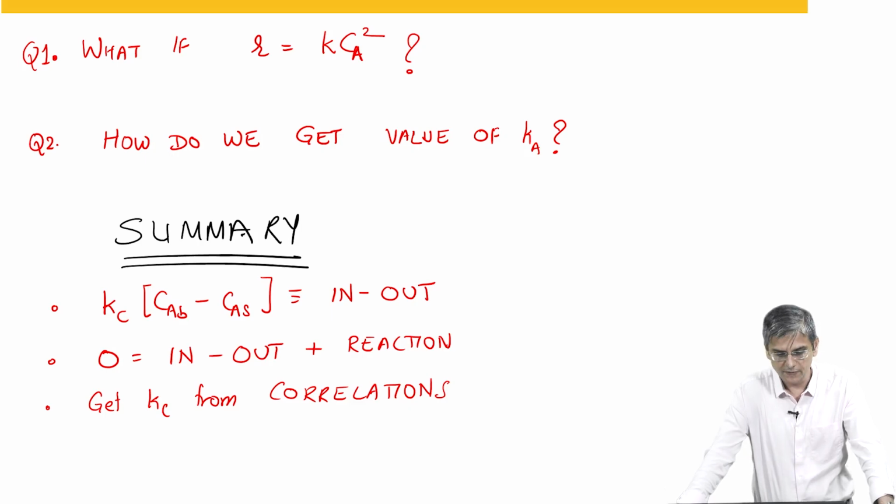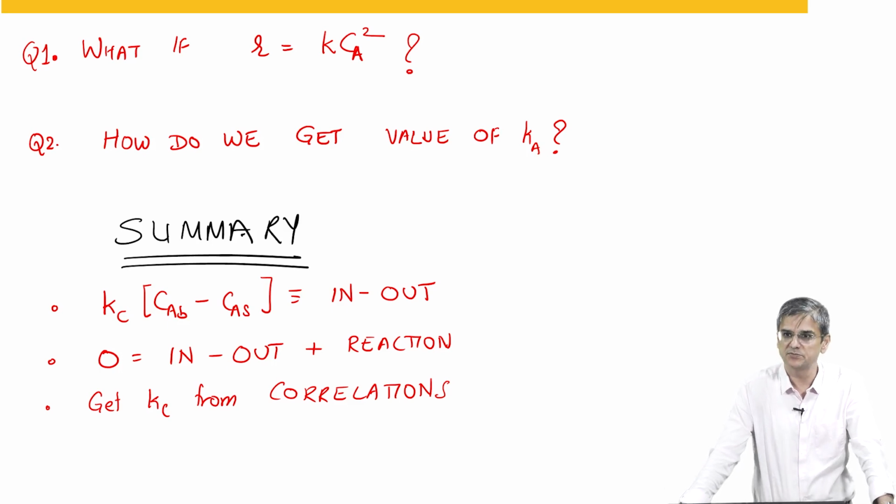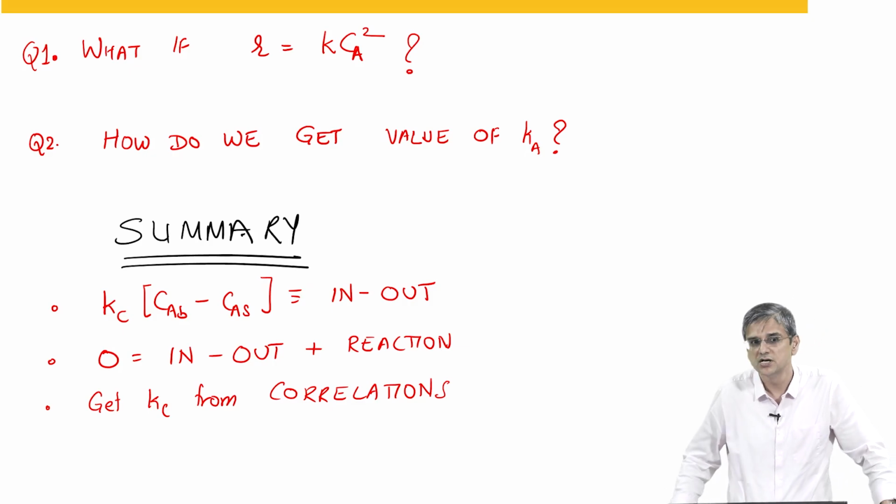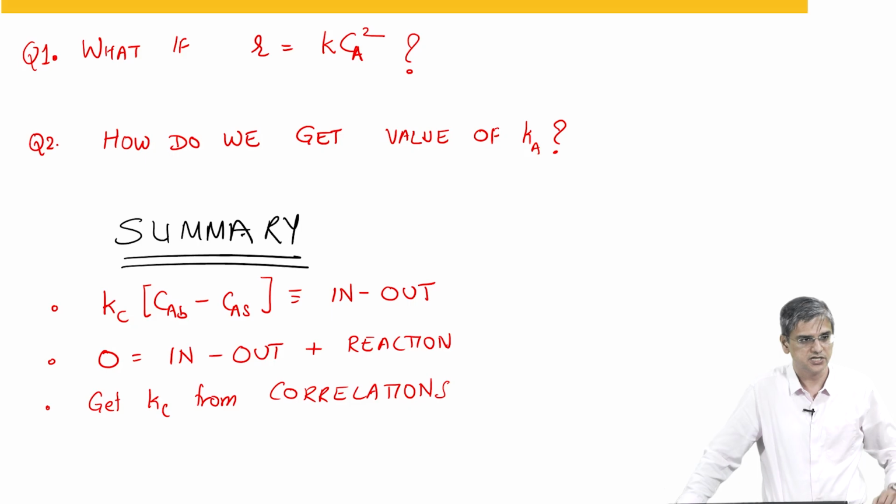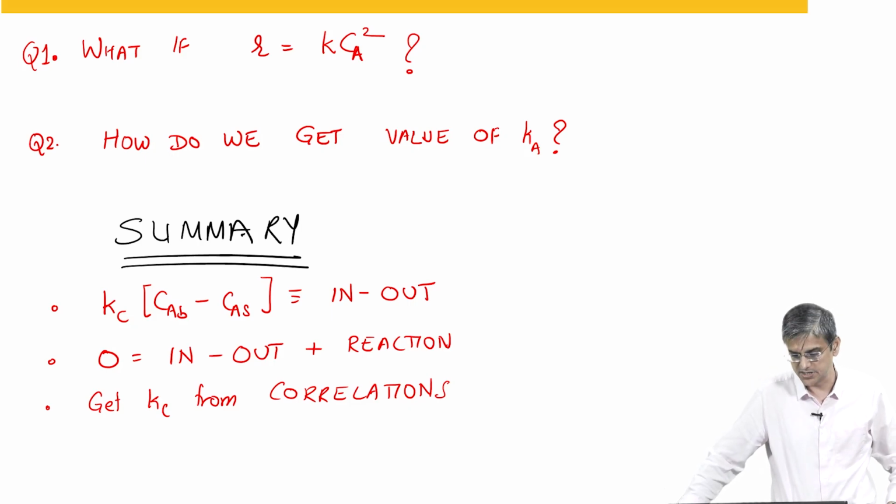Always remember Kc is in meters per second and concentration is in moles per meter cube. So meters per second multiplied by moles per meter cube is moles per meter square particle per second, or moles per meter square slab per second, or moles per meter square surface area of the catalyst per second.